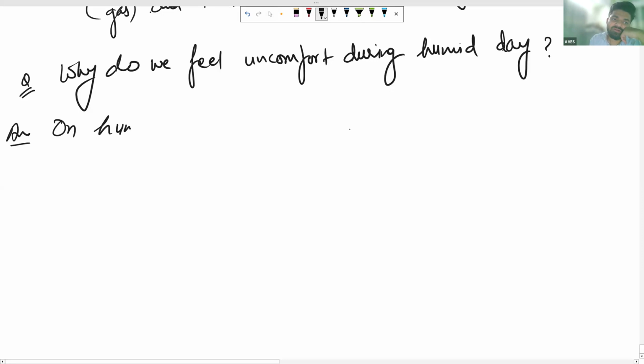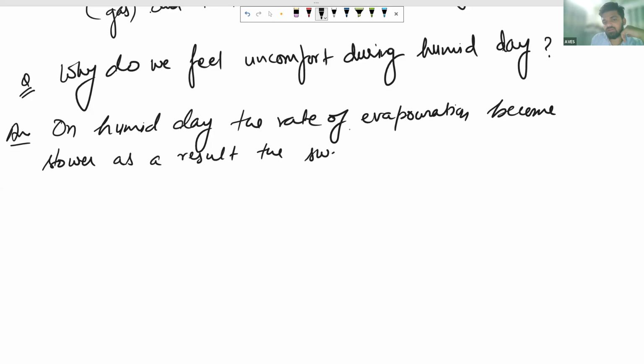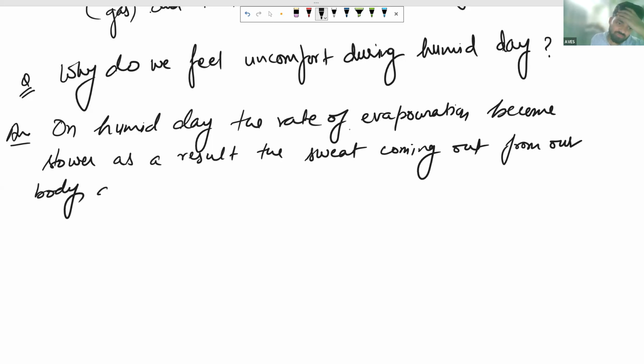On a humid day, the rate of evaporation becomes slower.